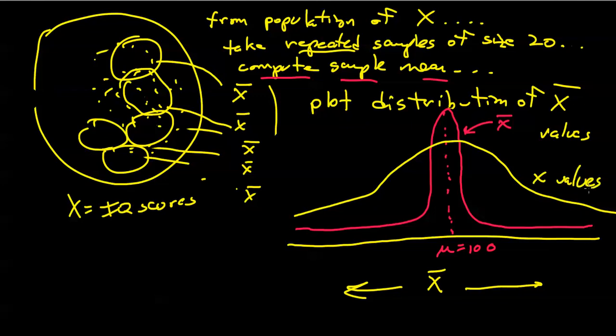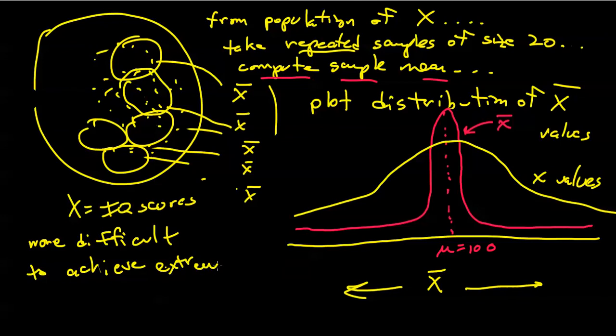So this is a visual interpretation of what we said before about that dampening effect. It's more difficult, or certainly less likely, to achieve extremely high or extremely low values when you are computing sample mean values.